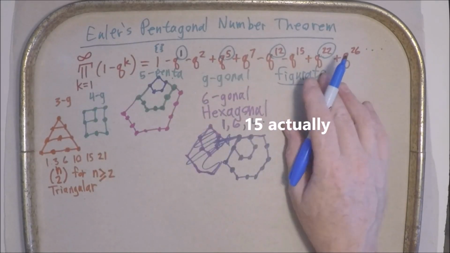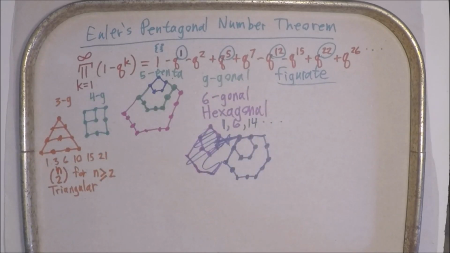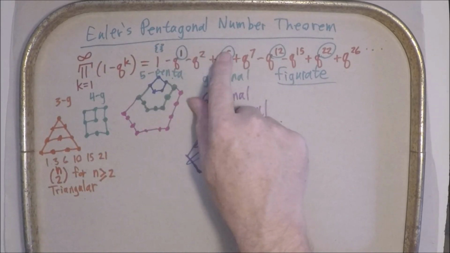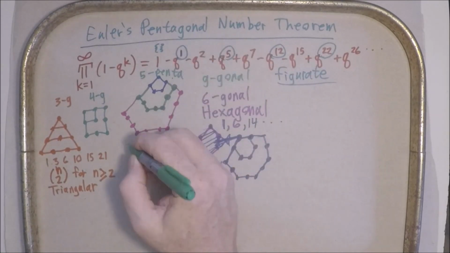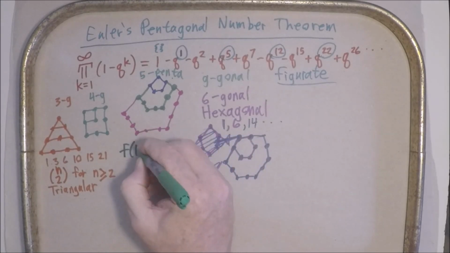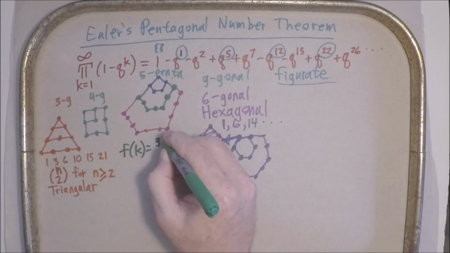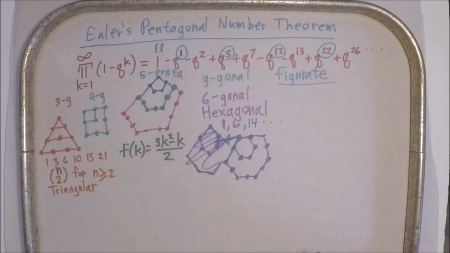So the thing about the G-gonal numbers is that, at least the official ones, are always given by a quadratic. In the case of the pentagonal numbers, that quadratic is f of k equals 3k squared minus k over 2.